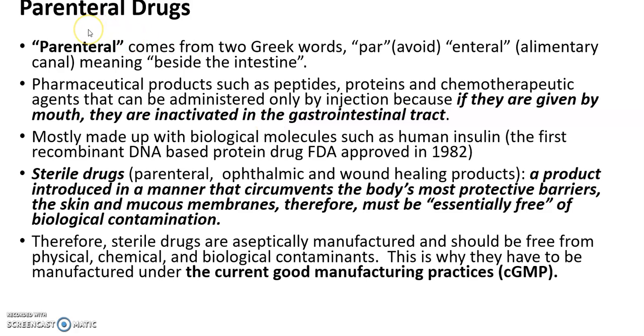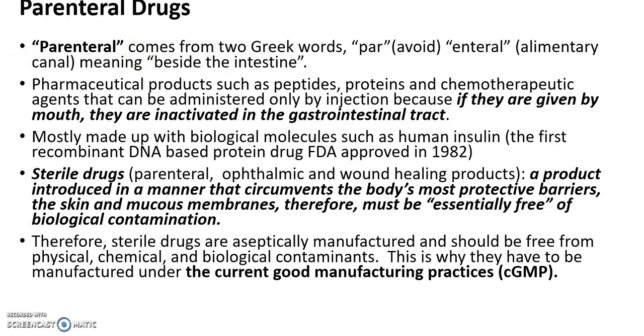So again, parenteral drugs. The word comes from two Greek words. Para means avoid, or skipping. Enteral, as I said, refers to the bodily canal. So you're avoiding the bodily canal. So it's basically injection. That's what parenteral means, injection or injectable drug.